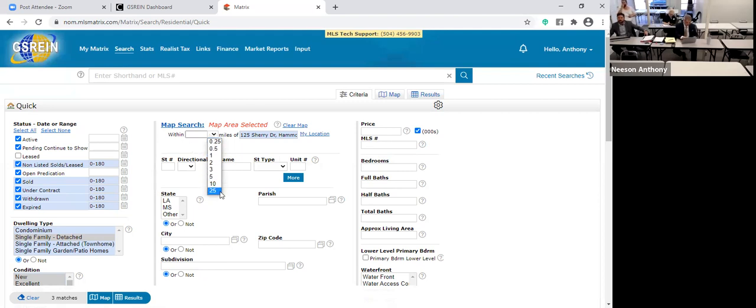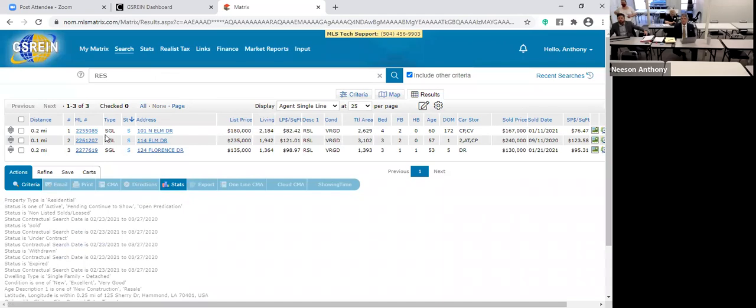And then I can increase from there. All right. So without selecting anything else, you can see we have 3 matches. Well, 3 matches is not a very big group sampling size to get an idea of what the value could be. I'm going to go to results and show you what we've got.